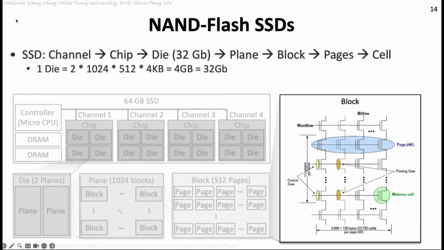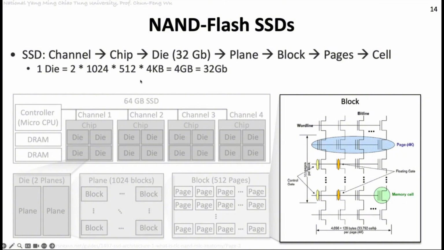Before that, let's go back to one thing: what is the capacity of this SSD? In this example, each page is 4 kilobytes, and there are 512 pages in one block.